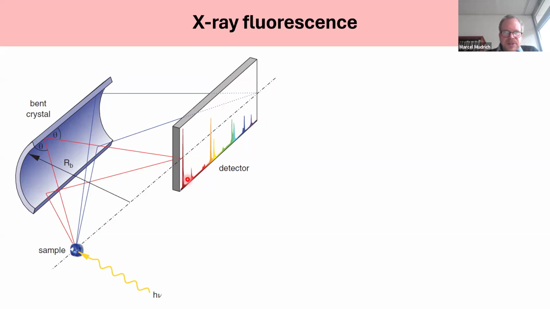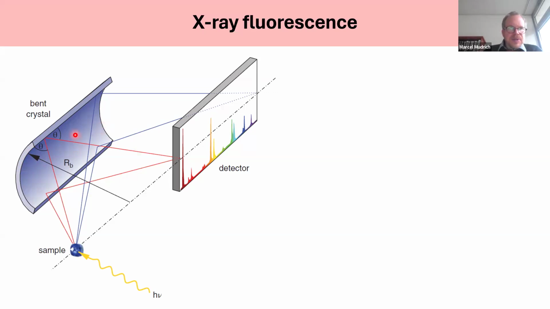Of course, in order to resolve these spectra, we need some dispersive element. And since this is X-rays, we need a grating with a lattice constant on the order of angstrom, which is given by single crystals typically.